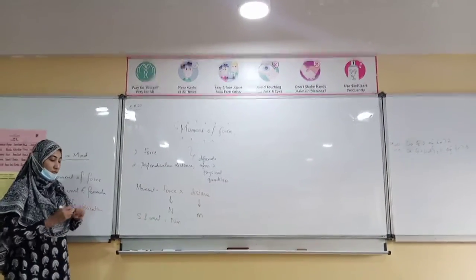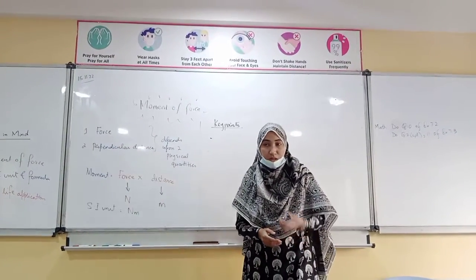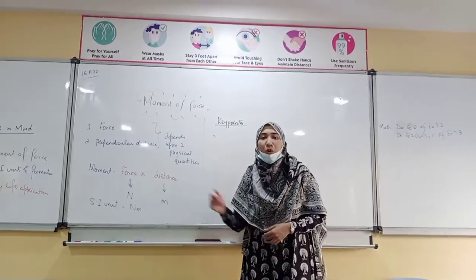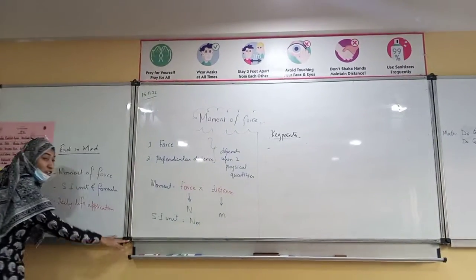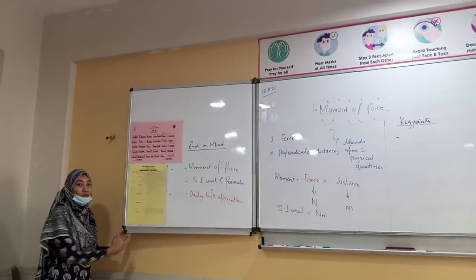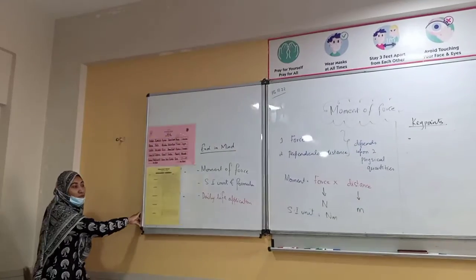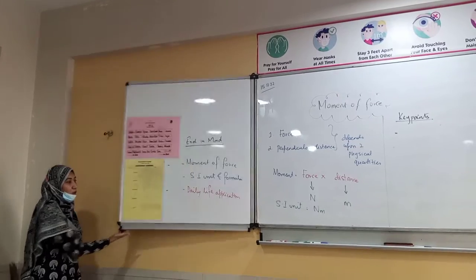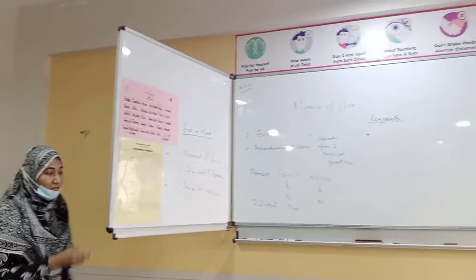Okay, stop. Moment of force or turning effect of force. Let's observe this important key point. Right here you are observing a fixed point that is known as pivot, and at this free end you are going to apply some amount of force. When I am applying a smaller amount of force, you would be observing a smaller moment of force.